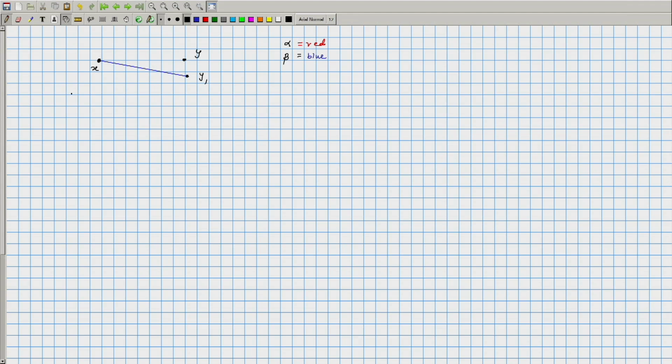There is either a red edge back to the other side or the red edge is not used. If the red edge is not used, then we will stop. If the red edge is used, we will take it. The red edge goes to some other vertex, let us call that x1, and then from here you go back via a blue edge and we continue this process.